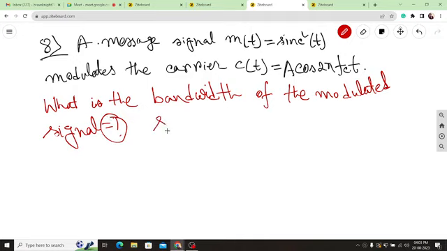And obviously, we use the notation of sinc t as sin pi t by pi t.